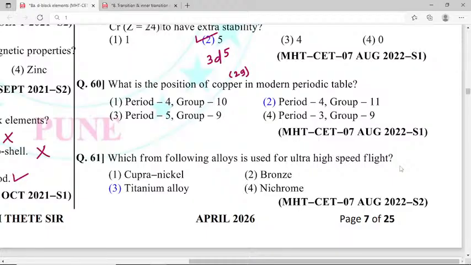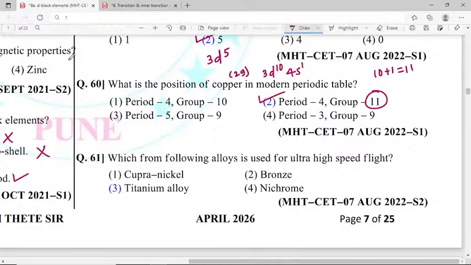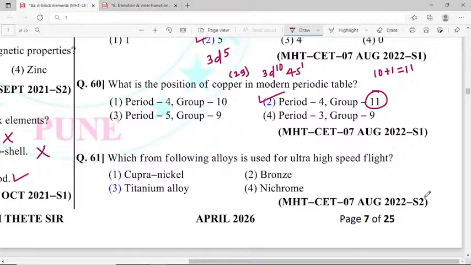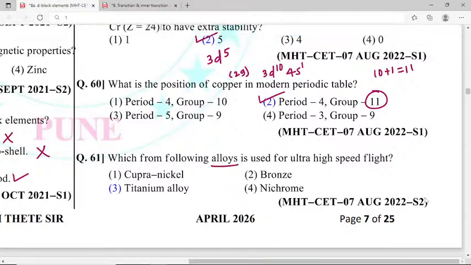So it has period number 4 and group number 11. 10 plus 1 is equal to 11. Which from following alloy is used for ultra high speed flight? Titanium alloy.